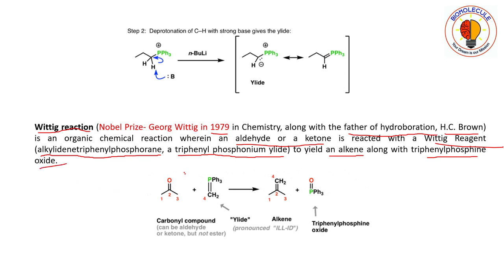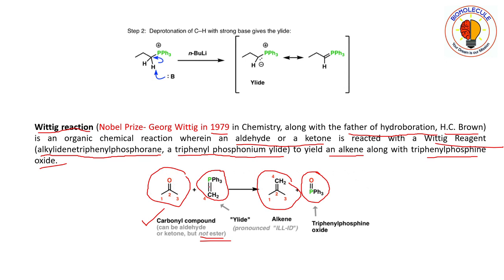So here you have your carbonyl compound and this is your Wittig reagent. Now this reagent undergoes the Wittig reaction with this carbonyl compound to give you an alkene and triphenyl phosphine oxide. Note that this carbonyl compound can be an aldehyde or ketone but not an ester.